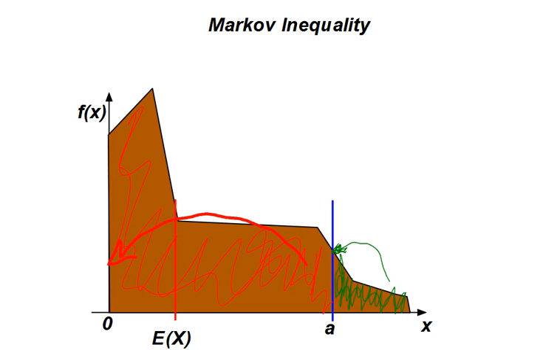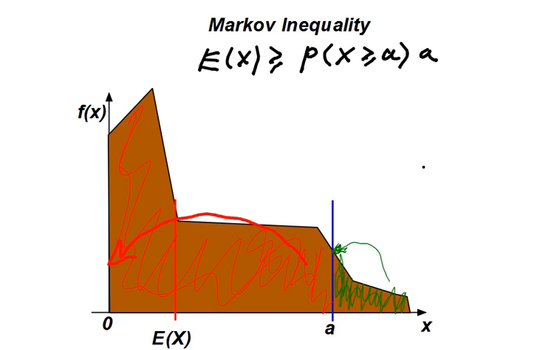So we can say that E of x is larger or equal to the part that is contributed by the green part, whose probability is probability that x is larger or equal to A, times A, plus probability that x is smaller than A times 0, right?